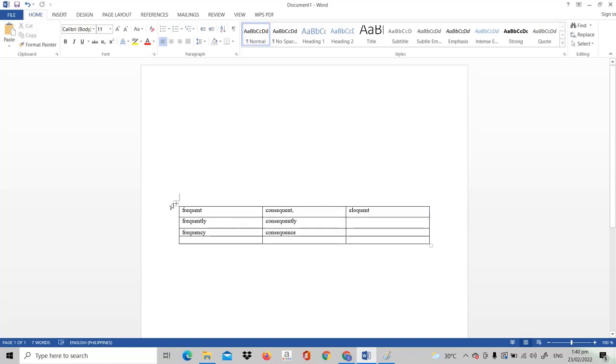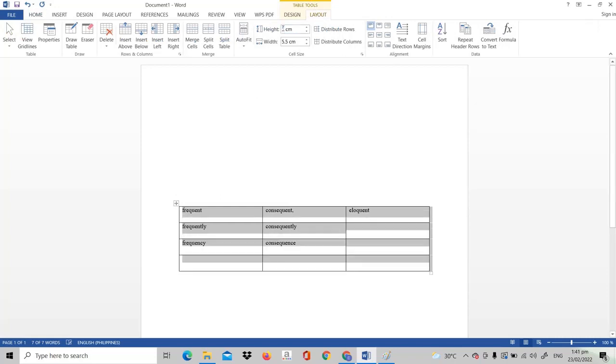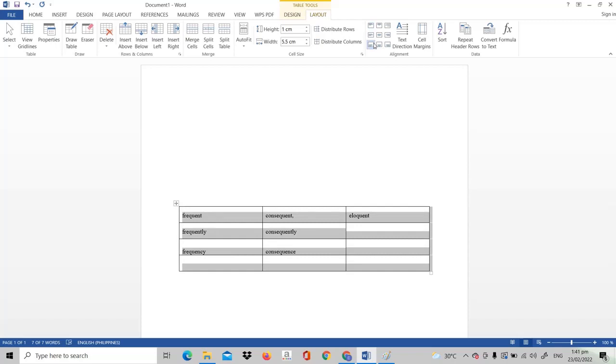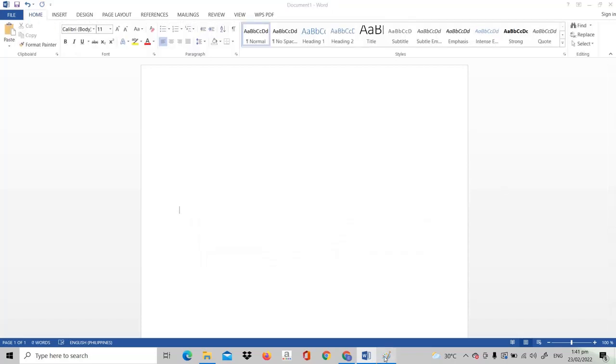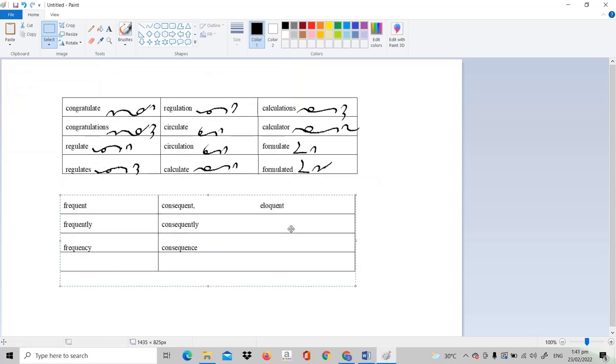Now, last but not the least is our quent words. Quent words. Eloquent, ganyan. Consequent, frequent. Okay, so for quent words, according to your module, the word ending quent is represented by a disjoint K. Bakit sabi disjoint K?